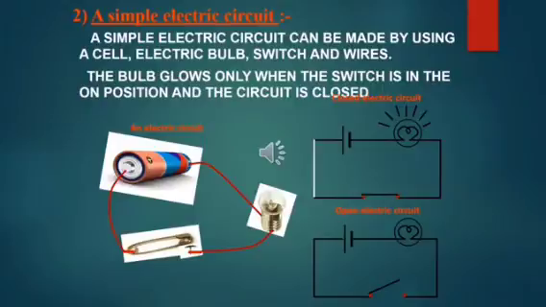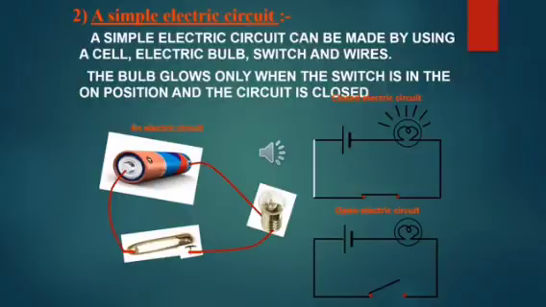You can see the picture of an electrical circuit where the switch is closed. When the switch is closed, there will be electric current flowing. When there is flow of electric current, the bulb will glow. The next is the open electric circuit.